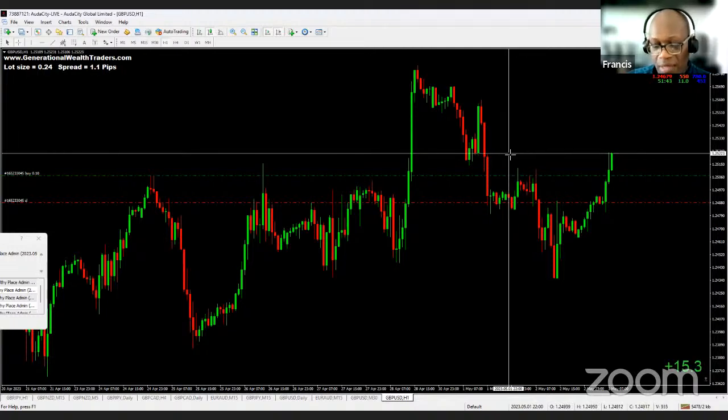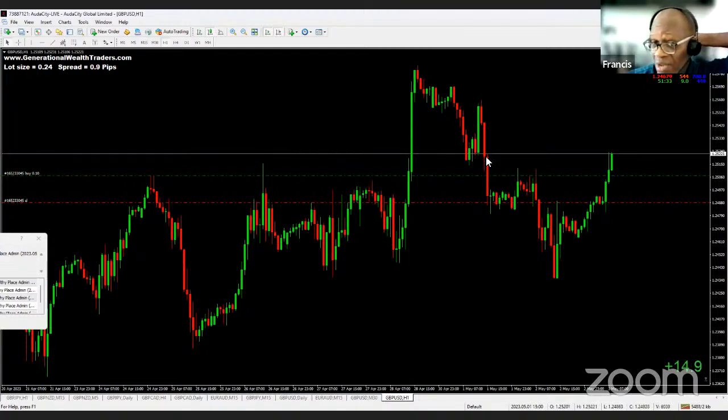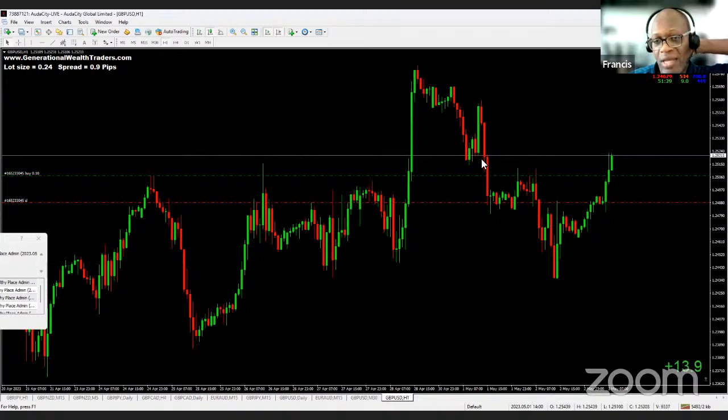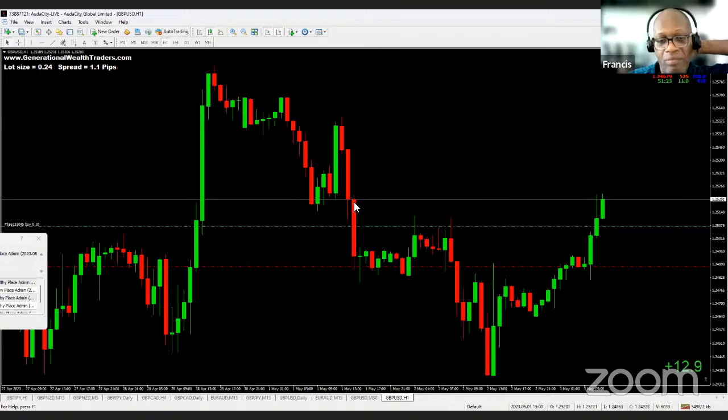That usually means clean traffic. Wicks usually speak of rejection. It means the price was rejected at some area. You can't quite see the wicks here; making this bigger, you can see there is a wick here, but this candle makes up for that.